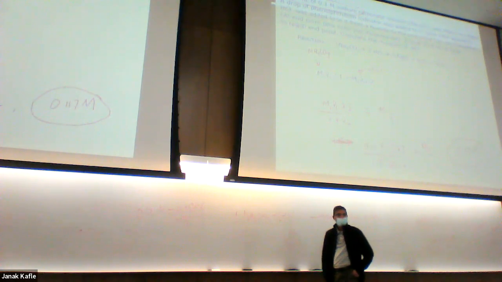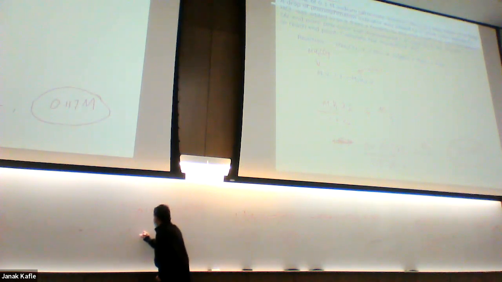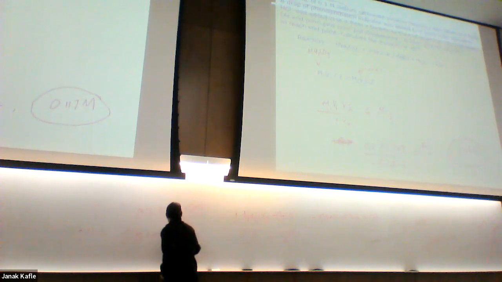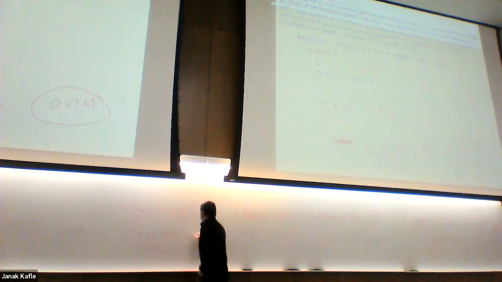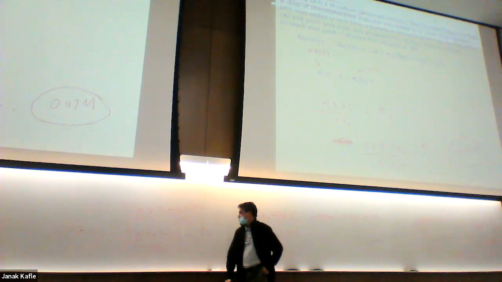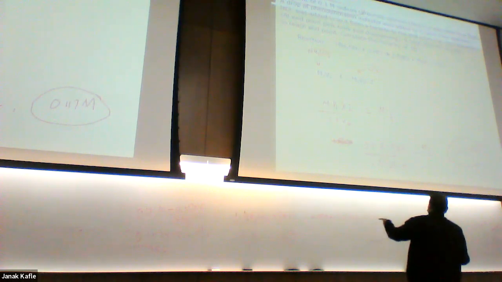So the 2 goes this way: 0.1 multiplied by 2 multiplied by 15, and this goes down here, 25.6, equals M2. So that's the molarity of the HCl: 0.1 multiplied by 2 multiplied by 15 divided by 25.6.